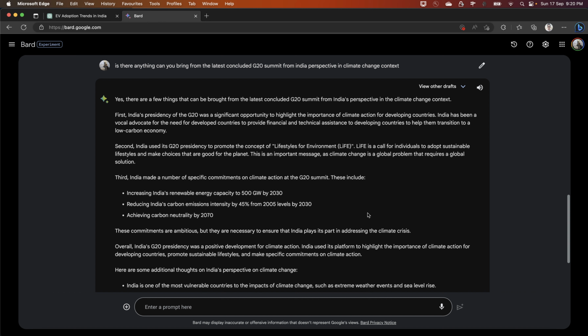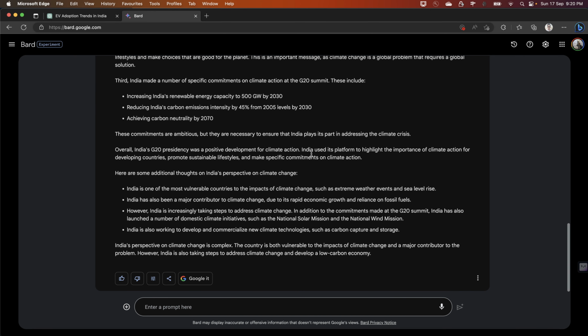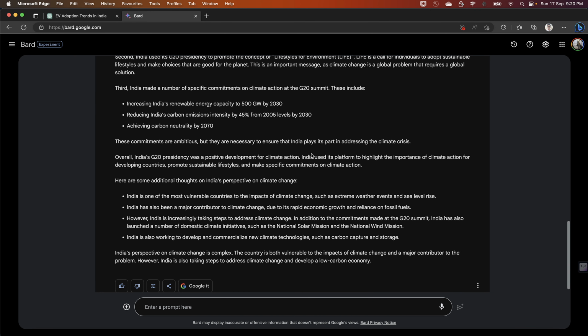So first, India's G20 presidency objective was a significant opportunity to highlight the importance of climate action for developing countries. India has been a vocal advocate for developed countries to provide financial and technical assistance to developing countries and low carbon economy, and looks like it has done nicely.